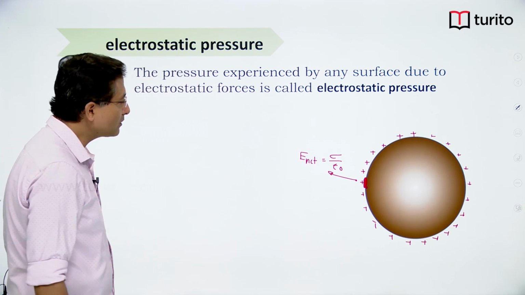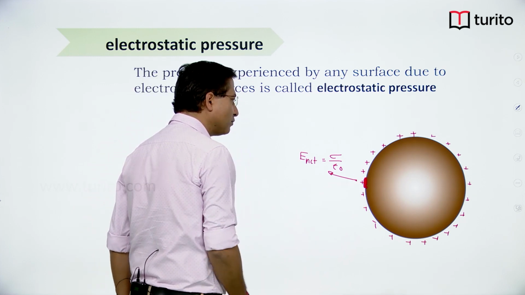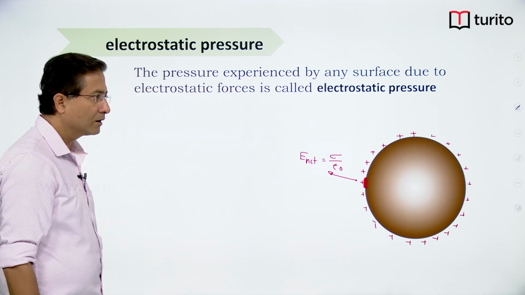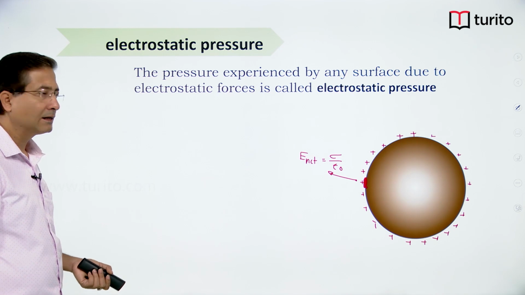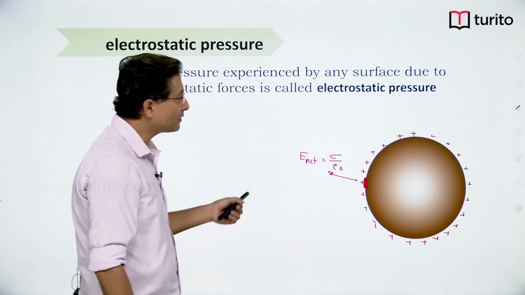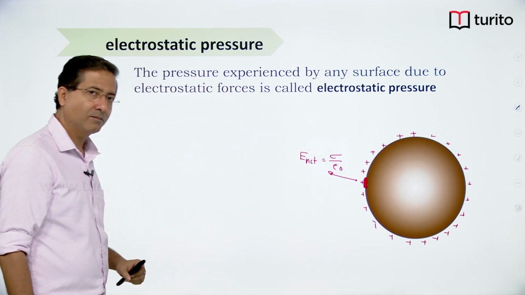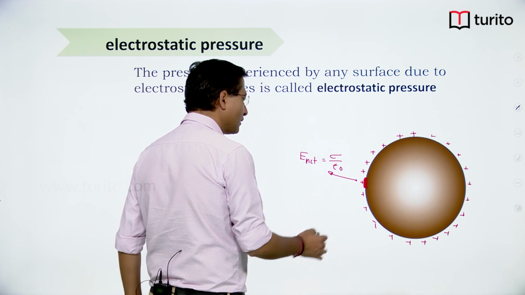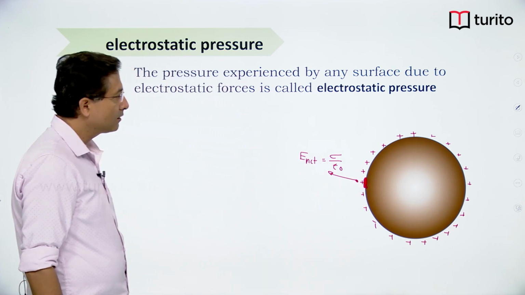If I ask how much force is experienced by this element just outside, because once I have the force, I divide by area and I get the pressure, right. That pressure is coming because of the electric force experienced by the element. But is this the total field or the net field? It is the net field just outside, right.